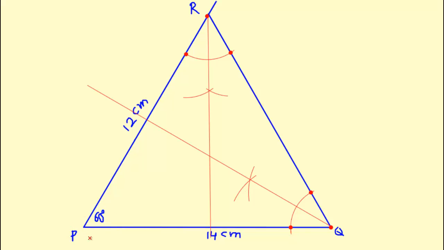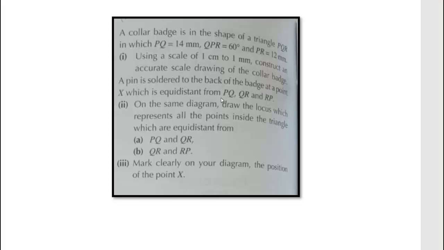It is up to you whether to draw it. It is optional, and that angle bisector will also pass through this point of intersection. The purpose of drawing these angle bisectors is to find this point of intersection. And this point of intersection is X.